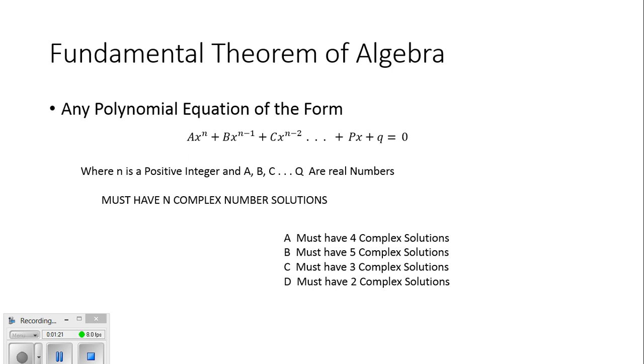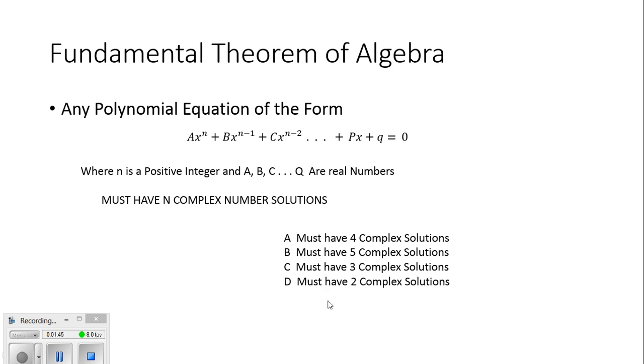So, long and short, if your expression here is a fourth power expression, then it can have at most 4 complex solutions. In fact, we should say it has exactly 4 complex solutions. If it's a fifth power, it has exactly 5 complex solutions in some combination of real and imaginary.